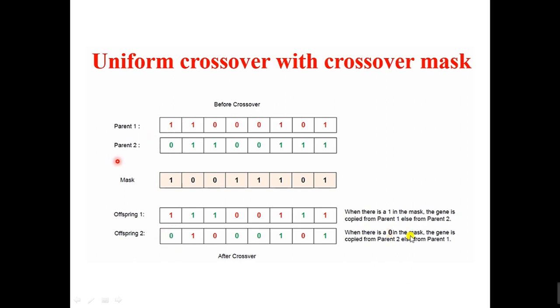If it is 0 in the mask, the gene is copied from parent 2, else from parent 1. Here 0 is there, so offspring 1 gets the gene from parent 1, offspring 2 gets the gene from parent 1, and similarly for the rest.